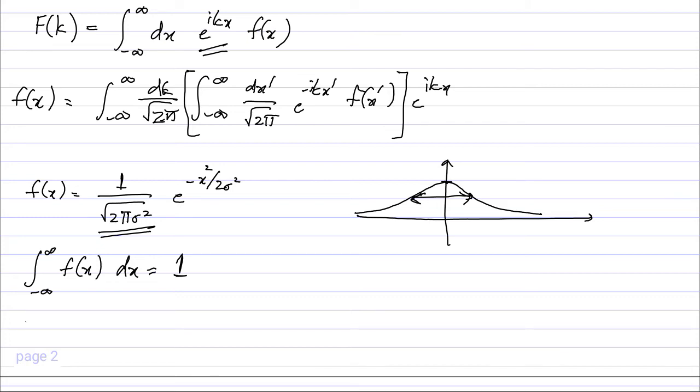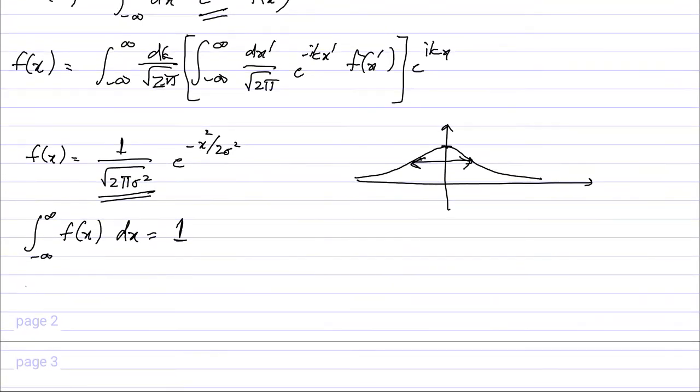So first of all, let's check whether this condition is met, and we learn how to do Gaussian integrals along the way. Essentially, if you are going to integrate e raised to power minus x, you know how to do that, but how do you integrate e raised to power minus x square? That's what I mean when I say learn how to do Gaussian integrals. So first of all, let's look at this integral.